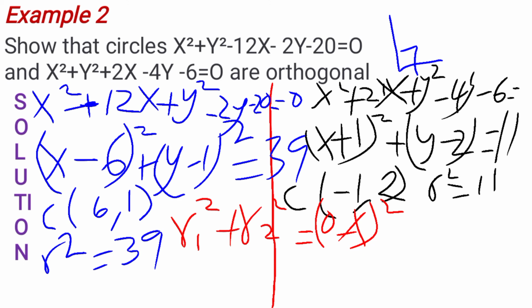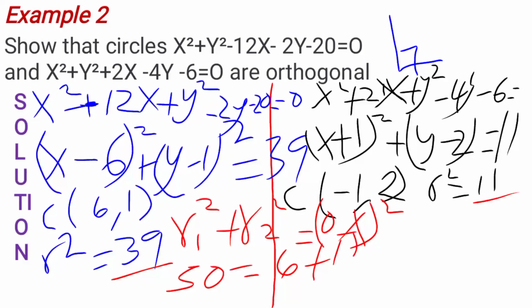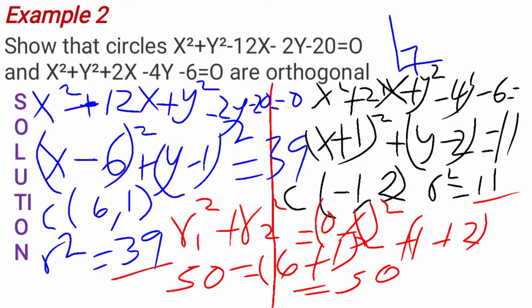R1 squared plus R2 squared, that is 39 plus 11, gives us 50, and is equal to, using the distance formula, 6 minus negative 1 squared plus 1 minus 2 squared, you get 50. This shows that the circles are orthogonal, and orthogonal means 90 degrees to each other.